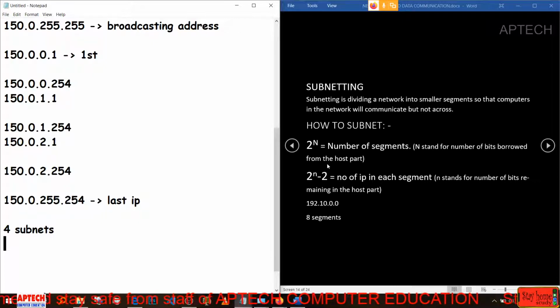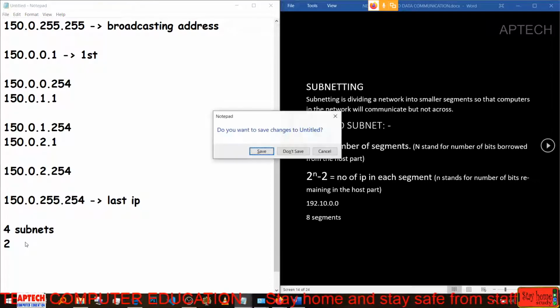So it's 2 to the power of capital N. I hope you recall that you don't write it wrongly.